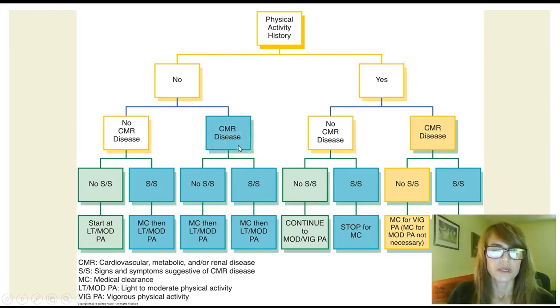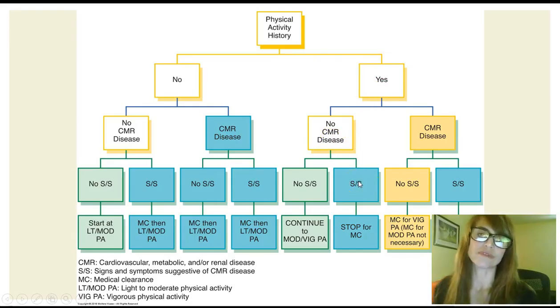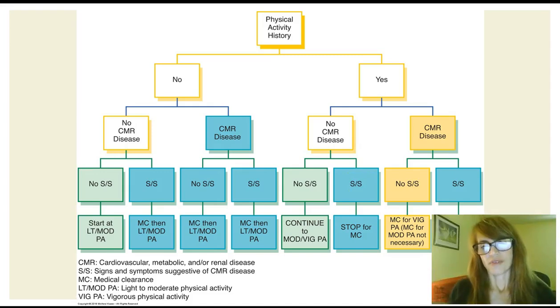Now it could be that they have COPD, for example. Let's suppose they're physically active, they have COPD, but they don't have any of these. So no CMR, but they are currently experiencing some signs and symptoms of cardiovascular disease.